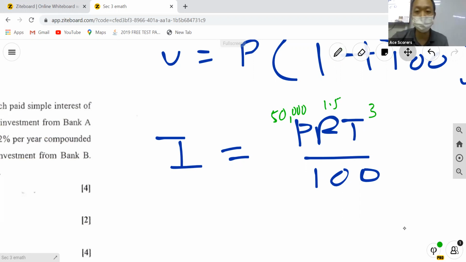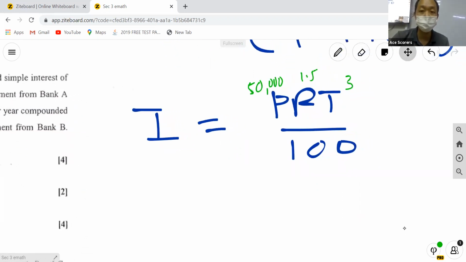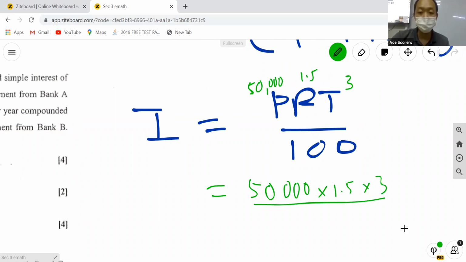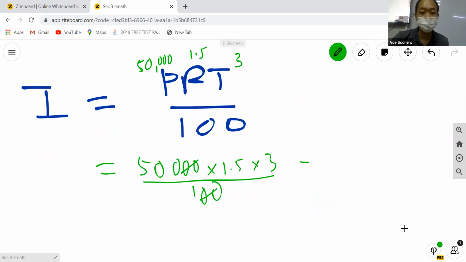So if we just key everything into the calculator, you get 50,000 times 1.5 times 3 over 100. You cancel 20, cancel 20. Have you all done the calculation? 2250. Do you get this?